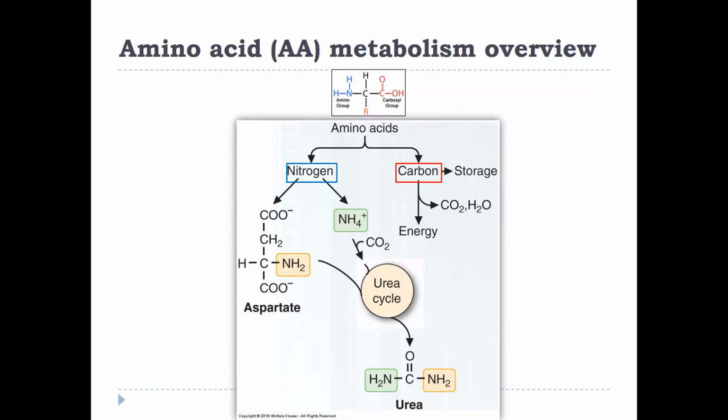So the nitrogen can also be incorporated into aspartate, which is an amino acid that together with ammonia participates in the urea cycle, which occurs in the liver, and forms urea, which is the primary nitrogen excretion product in humans.